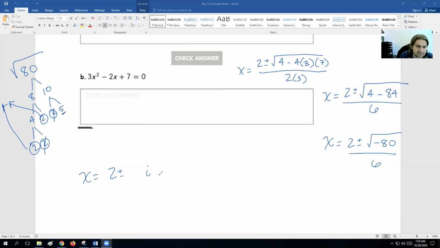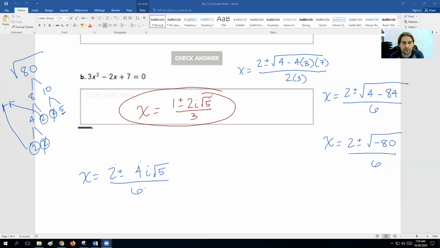This 5 stays inside. The 2 and 2 that go outside make 4, so it'd be 4i radical 5 all over 6. We just look at our outside numbers, 2, 4, and 6. We can divide them all by 2, so we get x equals 1 plus or minus 2i radical 5 over 3.